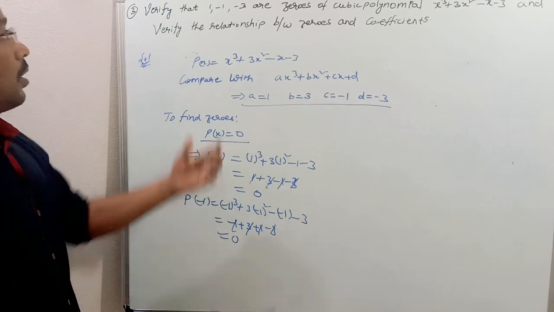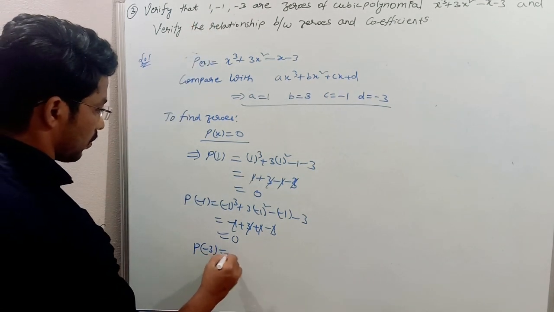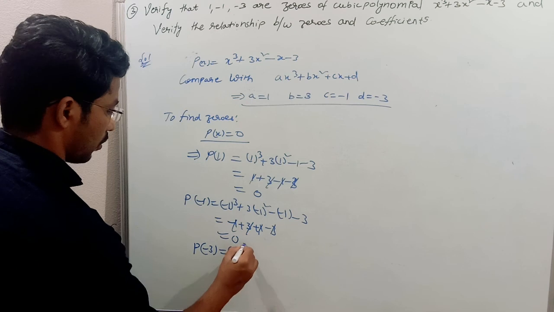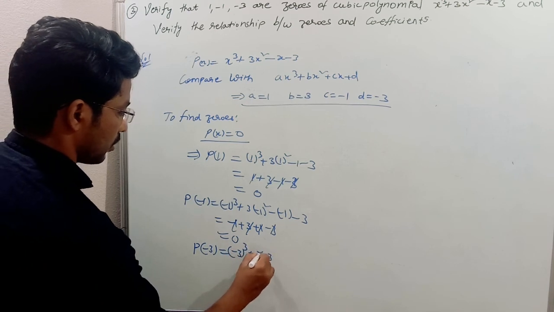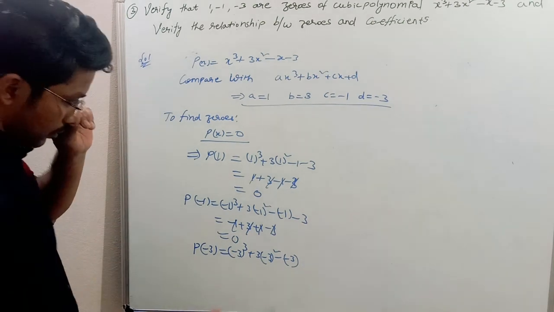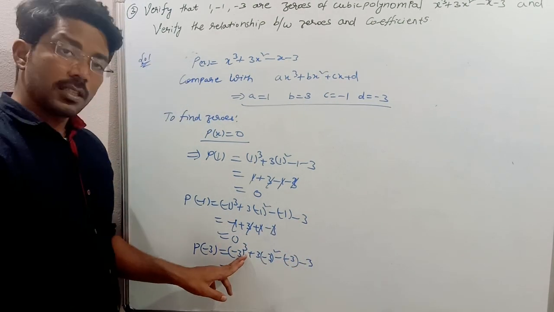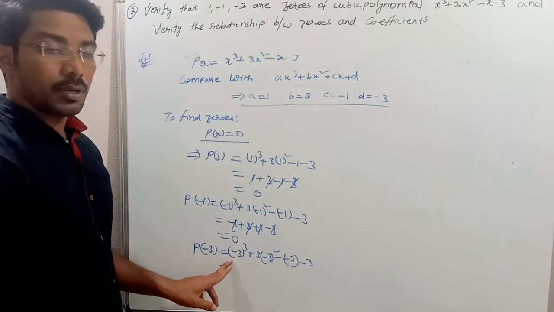So next, coming to minus 3. P of minus 3 is equal to minus 3 whole cube, plus 3 of minus 3 whole square, minus of minus 3, and minus 3. As the power is odd, the negative symbol will remain.